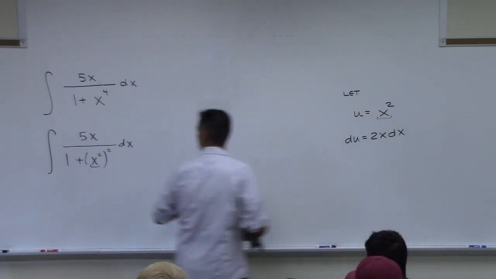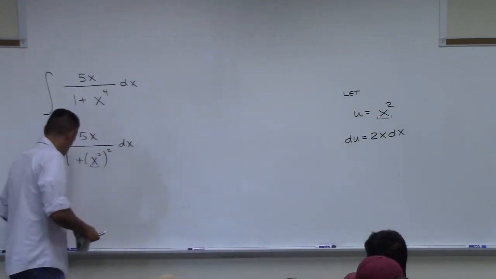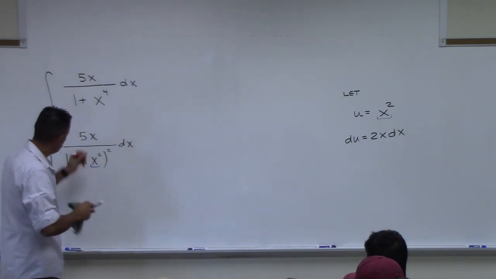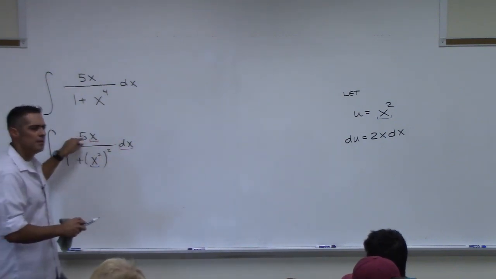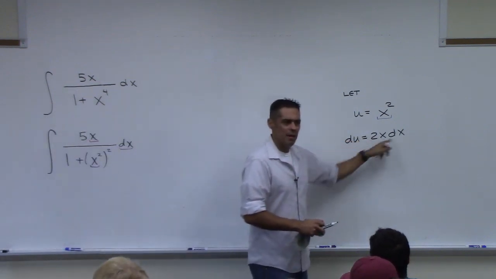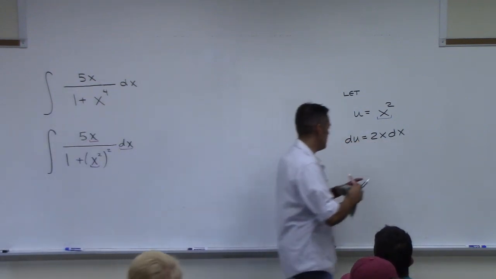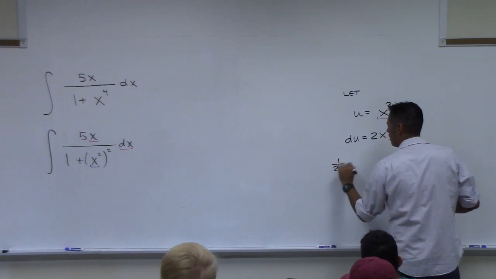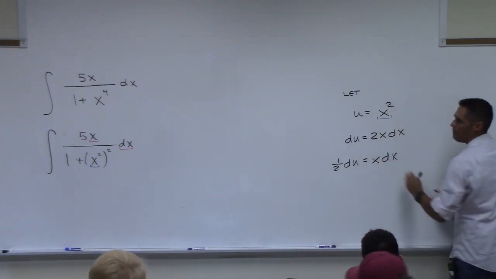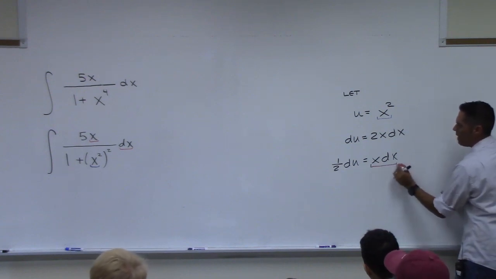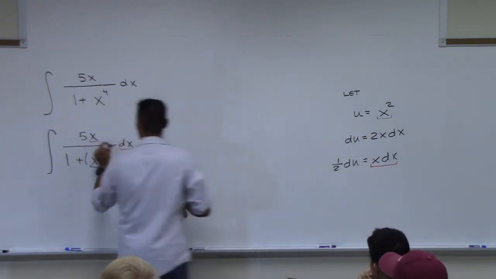And then you also have this x dx, right? There's a 5 here, but I'm off by a constant, right? So what I did last time here is I just scaled both sides to make this x dx. And do you see that this right here matches up with this right here in red?